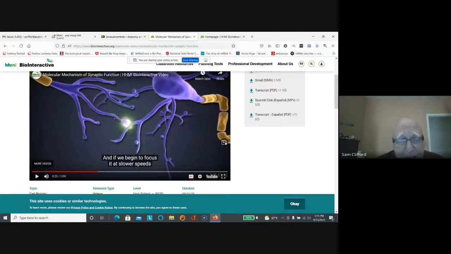So the first thing that's going to happen is that calcium is going to enter this presynaptic ending, and calcium will cause a neurotransmitter to be released. And that release of neurotransmitter opens more channels on the postsynaptic neuron, and that allows sodium to enter.